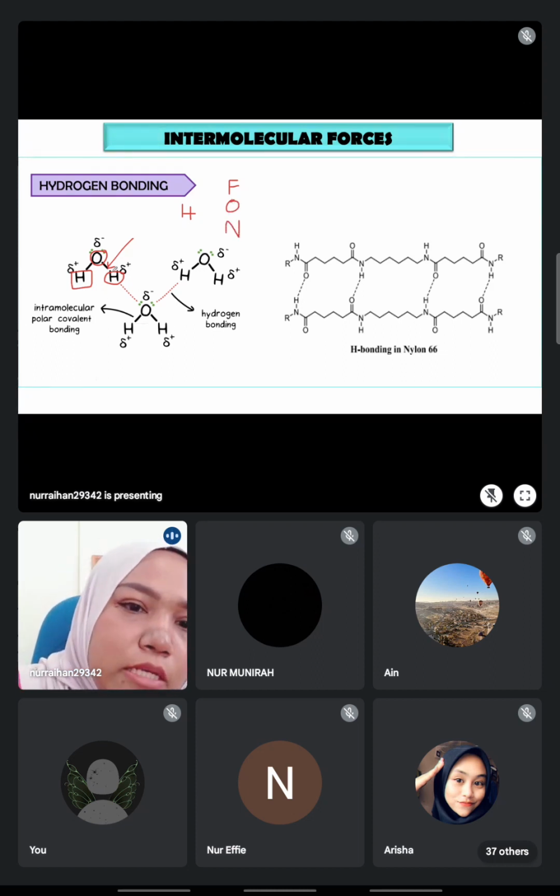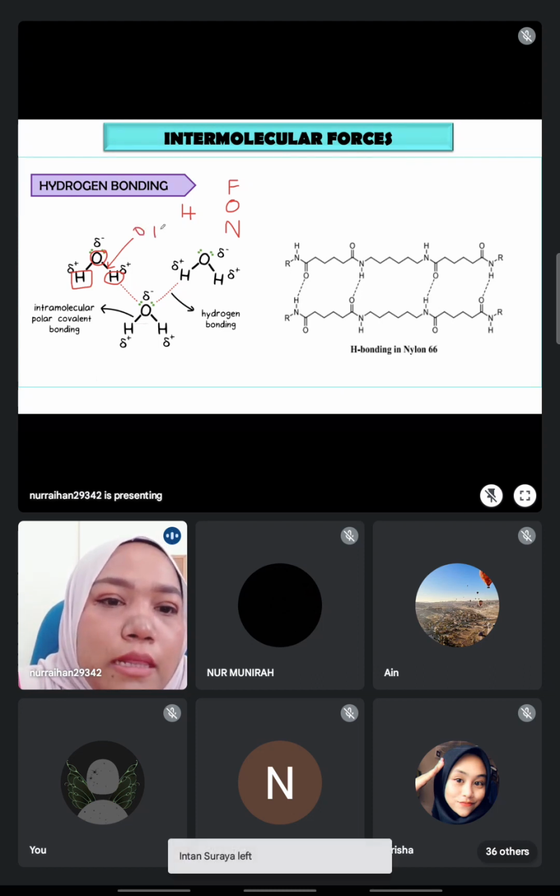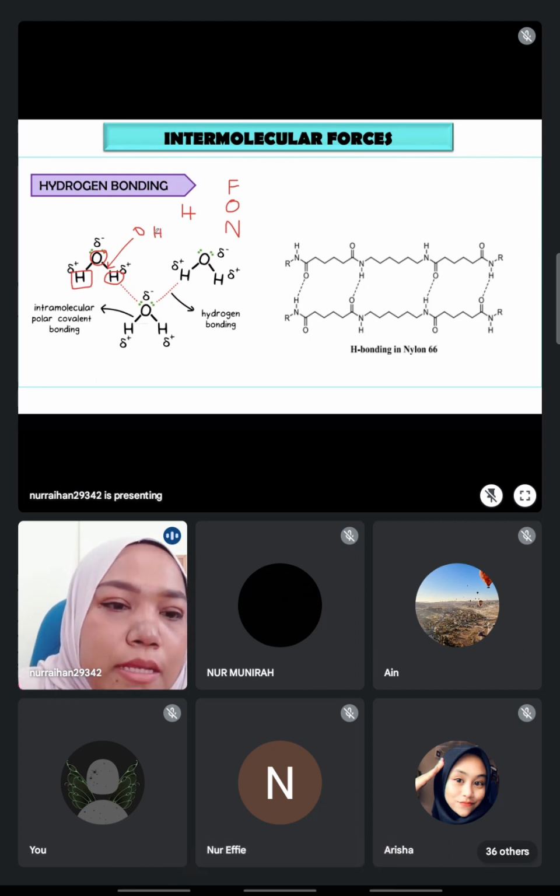Okay. Sebagai contohnya, oksigen attach dengan hydrogen macam ni. But this one is not considered as the hydrogen bonding. This is a covalent bonding because it is between the oxygen and hydrogen atoms. So any bonding that holds the atoms together, it can be the ionic ataupun covalent bond.